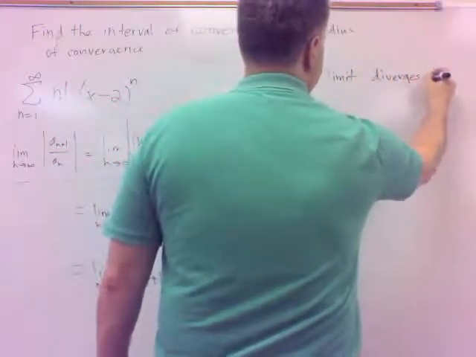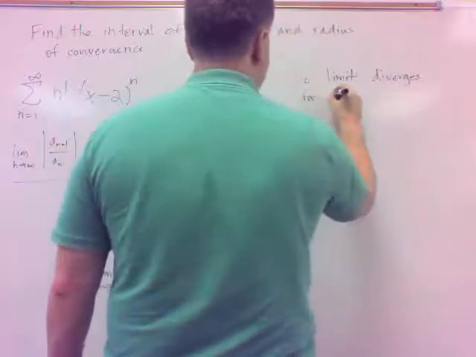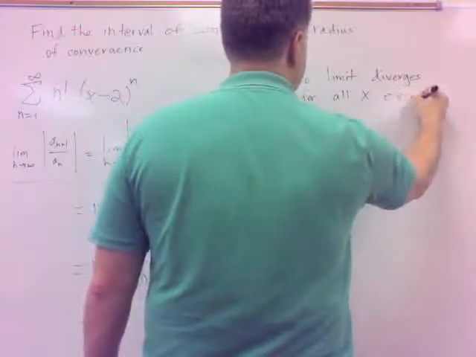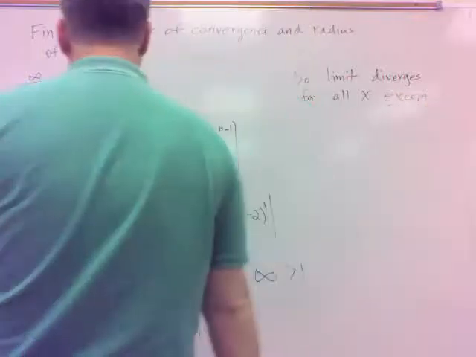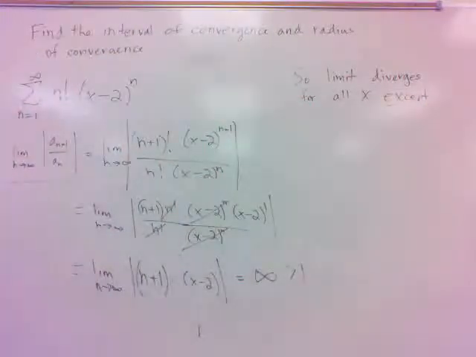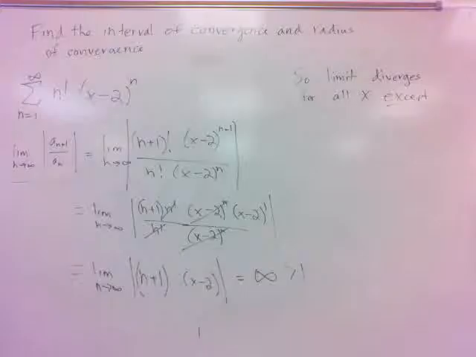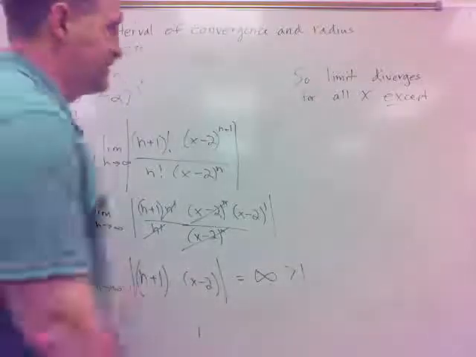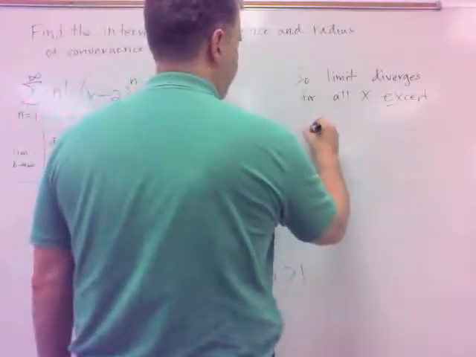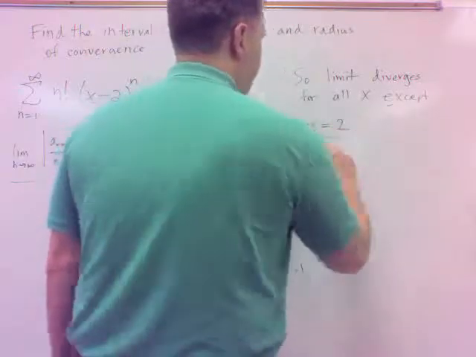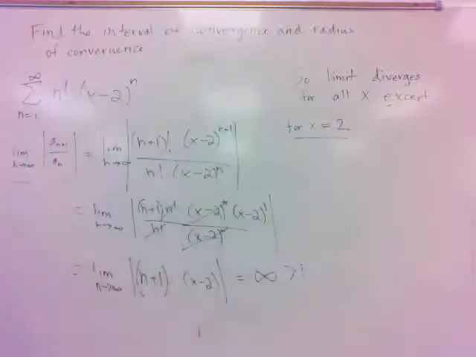So the limit diverges for all x, except there is one which it does not: except for x equals 2.